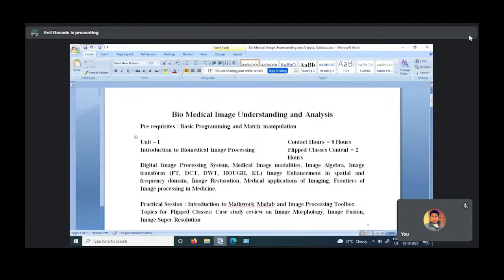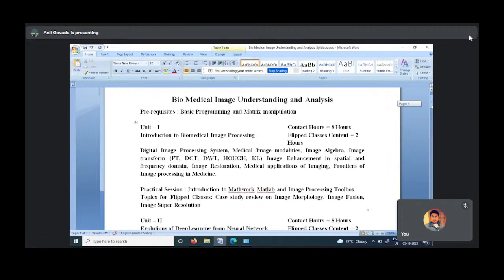When we look at the curriculum of this subject, it is considered that you will not have any background of image processing. So the first chapter will give you an overview of entire image processing, the minimum entity. Minimum entity in the sense of the formation of an image, like how an image is constructed.